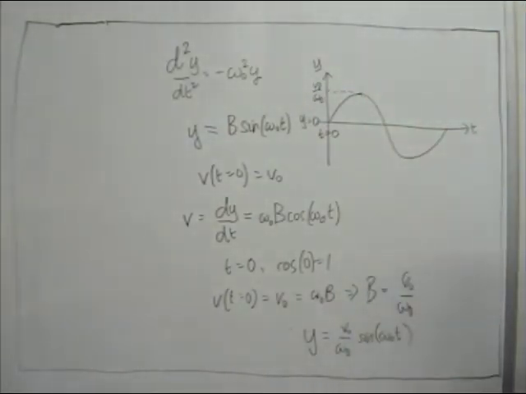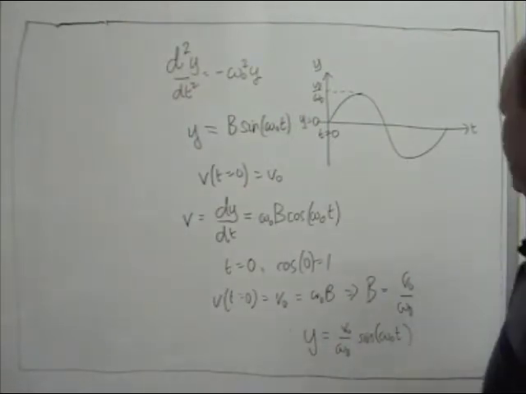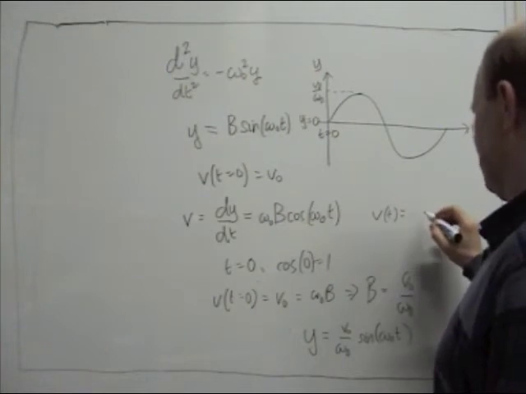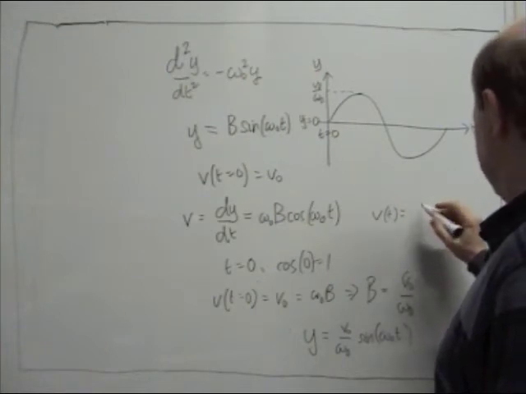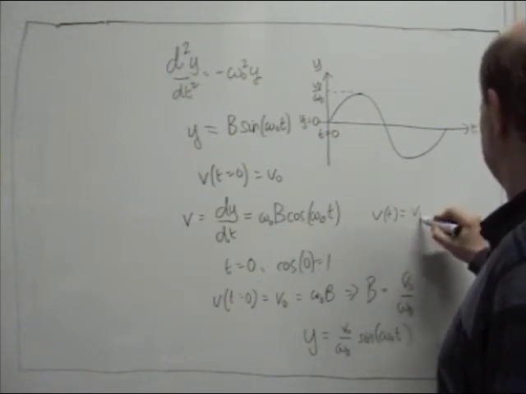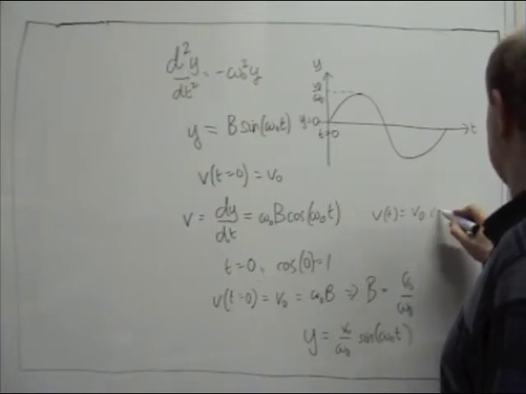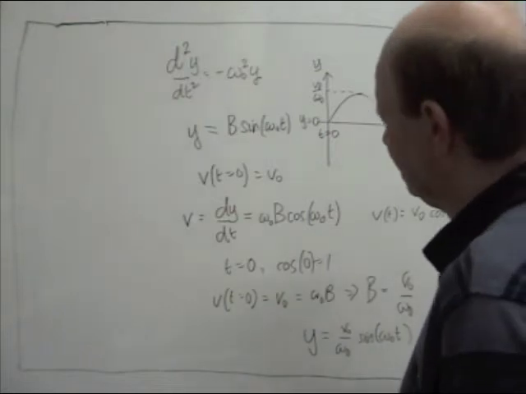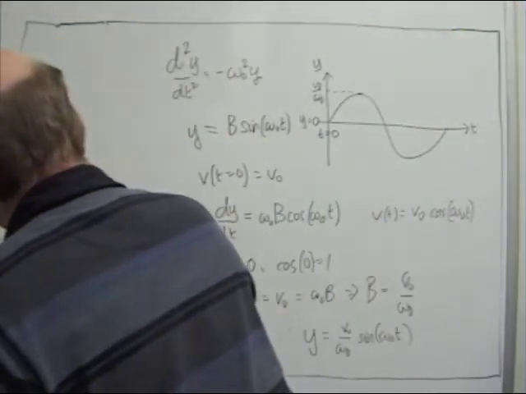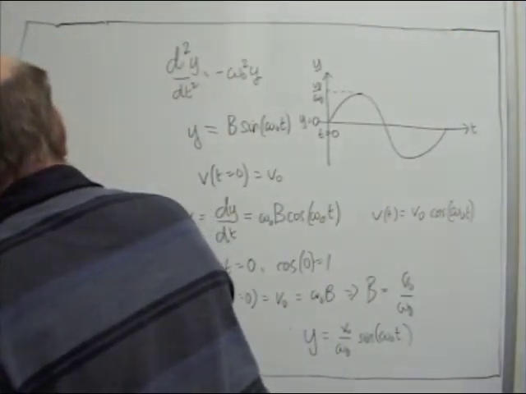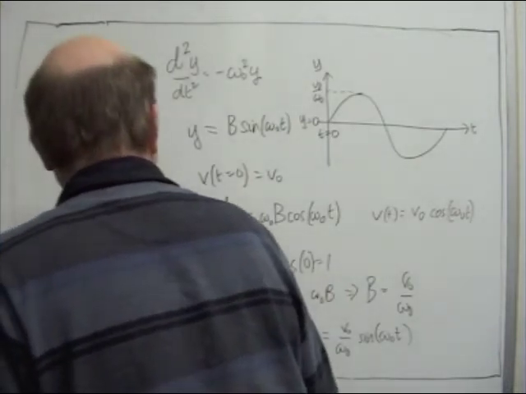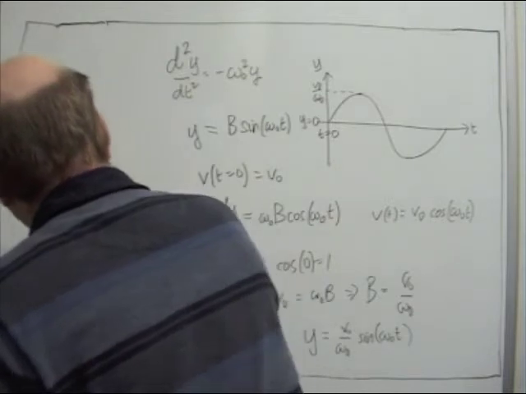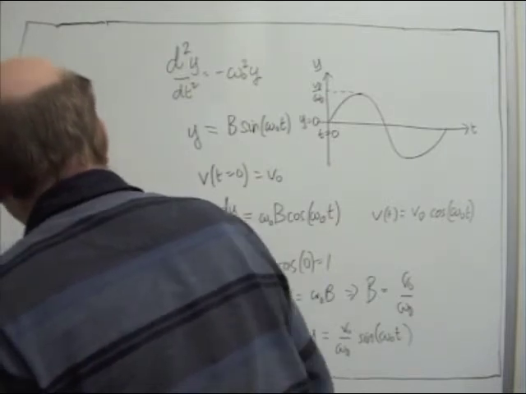Now the velocity of the oscillator, v of t, is equal to omega naught b cos omega naught t. So omega naught b is actually v naught, so that's v naught cos of omega naught t. So if we were to plot the velocity as a function of time, we would get this curve, where the initial velocity is v naught.